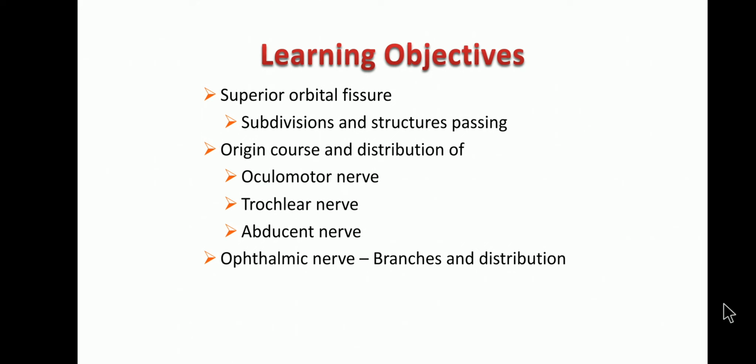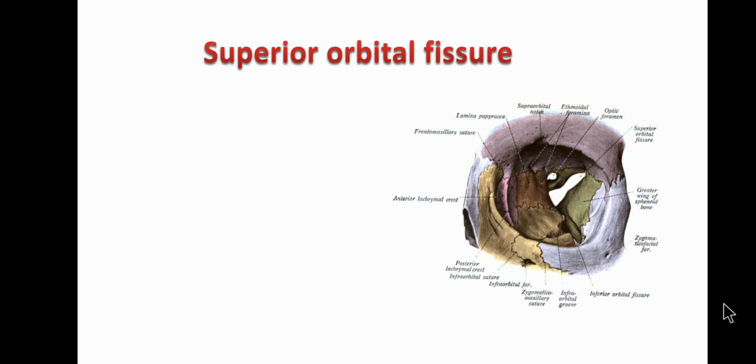So the ophthalmic nerve, its branches and its distribution, which is mainly sensory to the orbit, we are also going to discuss. Then finally, we will be discussing the peripheral parasympathetic ganglion of the orbit.